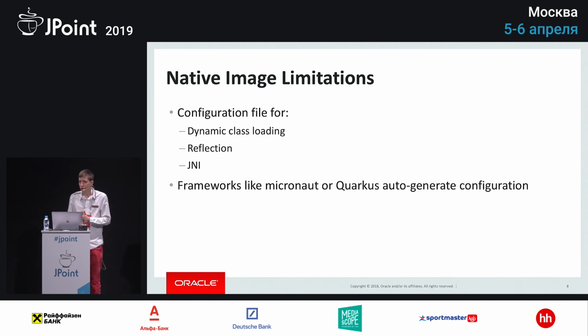This type of configuration can be quite complex, so some popular web server frameworks like Micronaut, or most recently Quarkus from Red Hat, have created mechanisms to auto-generate those configuration files from the usual Java microservice annotations. Additionally, we will start offering something that observes the reflection and dynamic class loading behavior of your application, and then generates this native image configuration automatically for you.